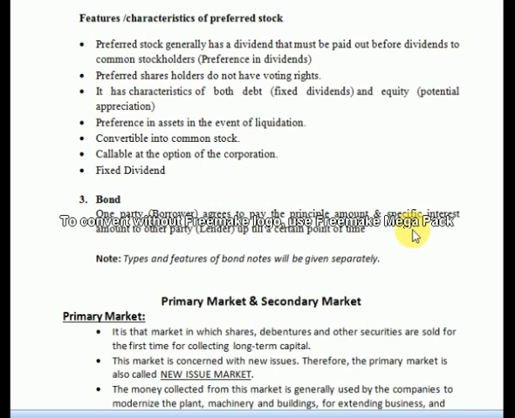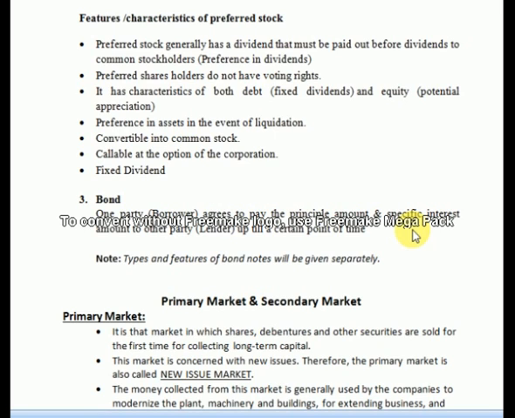Either it will be fixed in amount, or it will be fixed in percentage form. So till the maturity, the preferred stockholder will receive the fixed dividends.